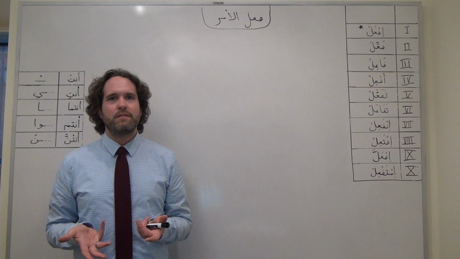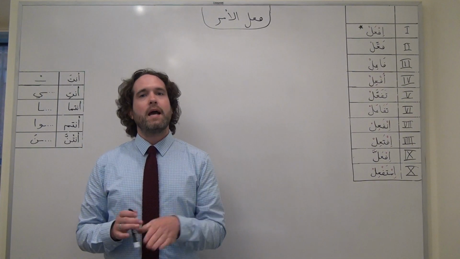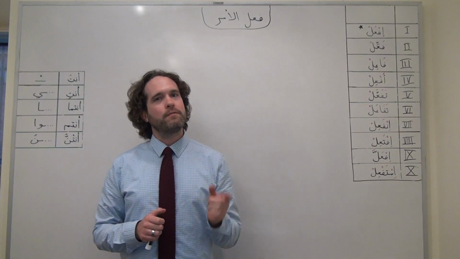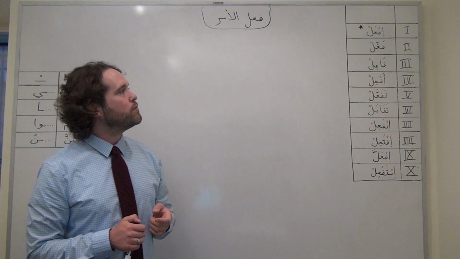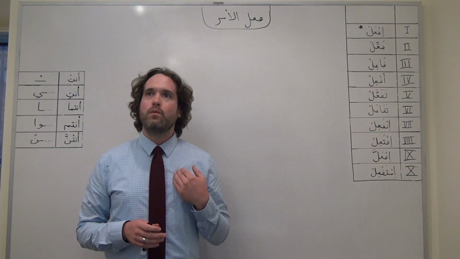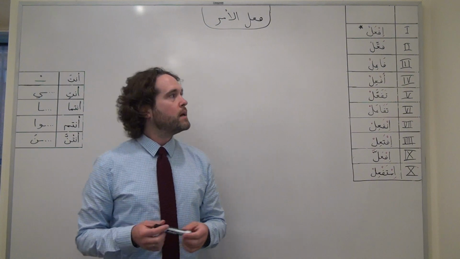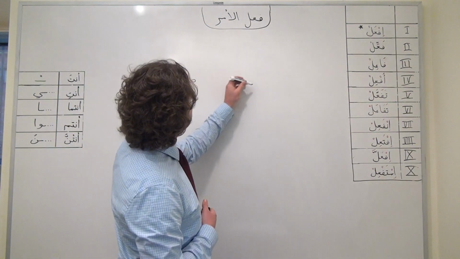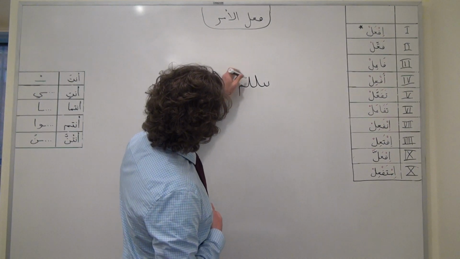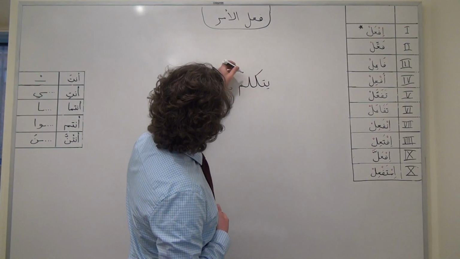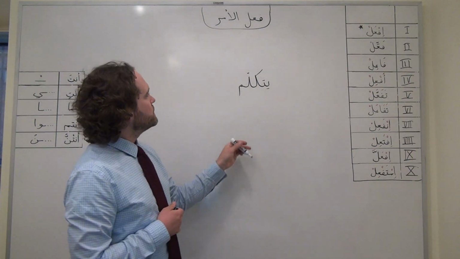So we form an imperative in Arabic by taking the majzoom version of a present tense verb and lopping off any subject prefix that it has. So, for example, if I wanted to say to someone, speak Arabic, say, instead of English, I would take this verb for speaking, يتكلم. Suppose that I'm speaking to one grammatically masculine individual, addressing them.